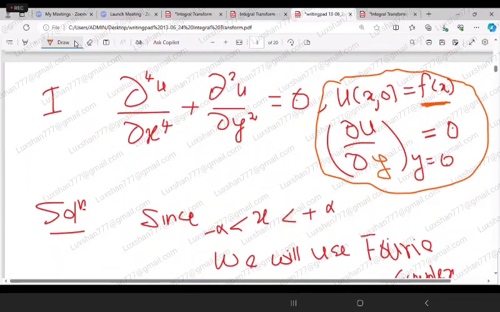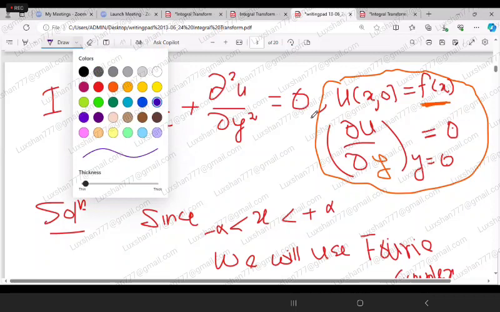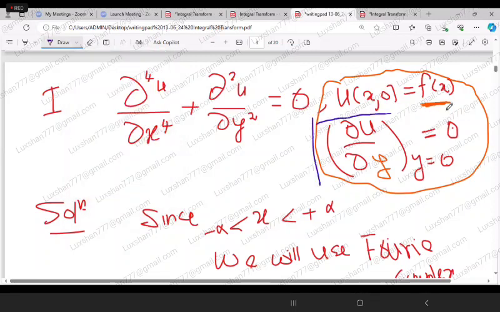Now I'm going to use this initial condition.